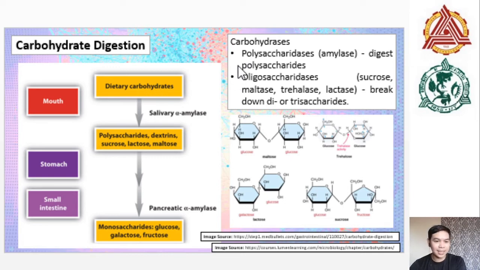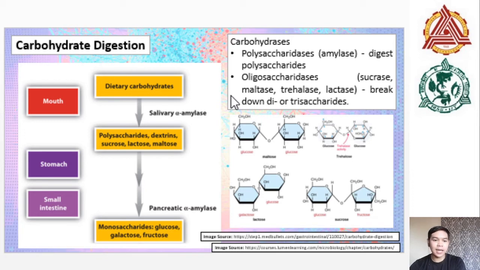Polysaccharidases, or amylases, are enzymes which digest polysaccharides such as starch, glycogen, and cellulose. In vertebrates, it is secreted in the salivary secretions and is known as salivary amylase, and also by the pancreas, known as pancreatic amylase. The products of its digestion are glucose and maltose, an oligosaccharide which is digested to produce glucose.